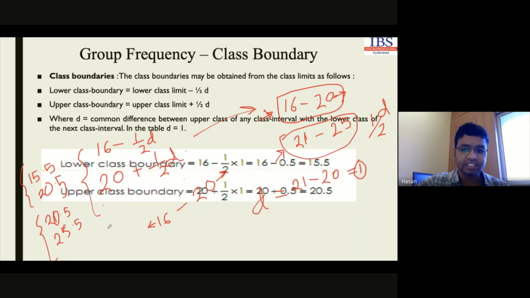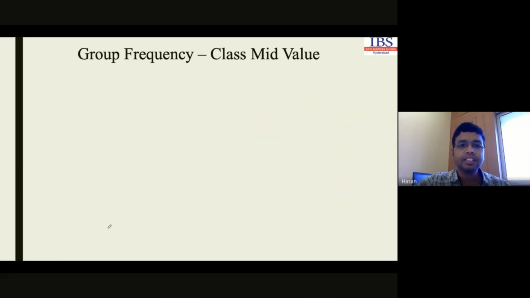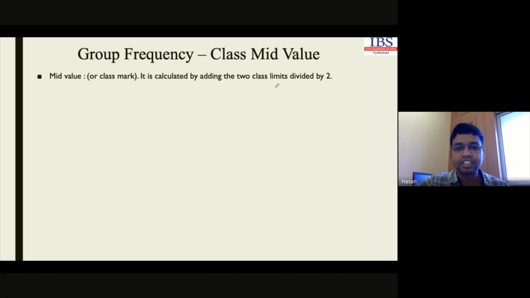Our next point is class mid value. We have the class 16 to 20. This is one class. If we are going to take the class mid value, what can we do? We can simply take the average, 16 plus 20 by 2.